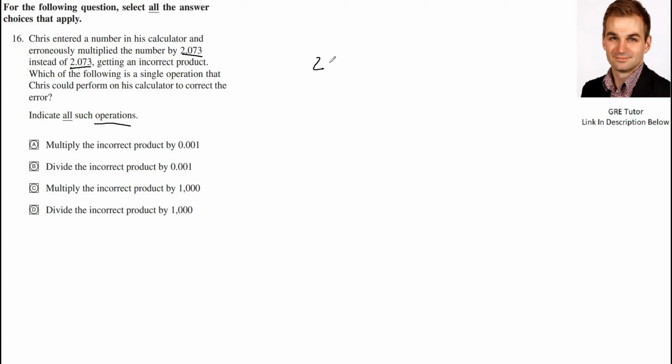Well, here's the point. When you go from 2.073 to 2073, you are multiplying this number by 1,000. You're moving the decimal over 3 times. So whatever we're looking for here has to reverse this. It has to bring the decimal forward 3 times. Let's look at the first one.